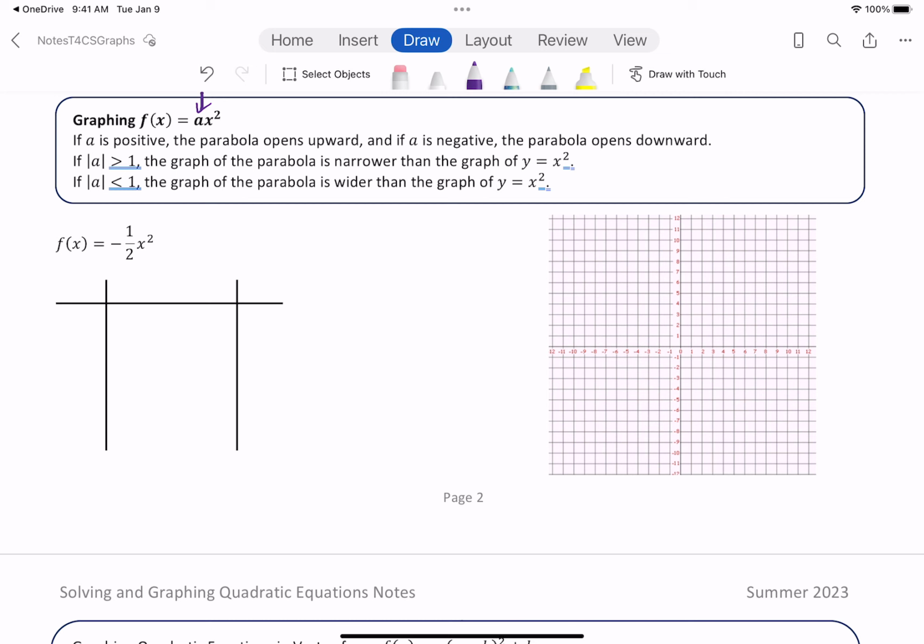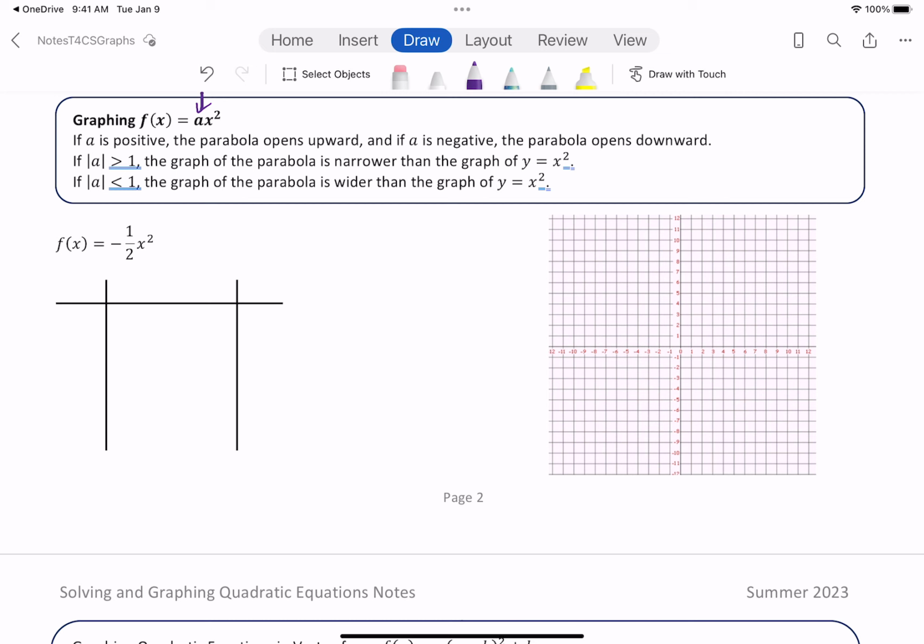And if you take the absolute value of that number, if it is bigger than 1, which basically means it's an integer, that means the graph of the parabola will be narrower than the graph of the parent function. And if the absolute value of a is less than 1, which basically means it's going to be a fraction of some sort, the graph of the parabola will be wider than that parent function. Okay?